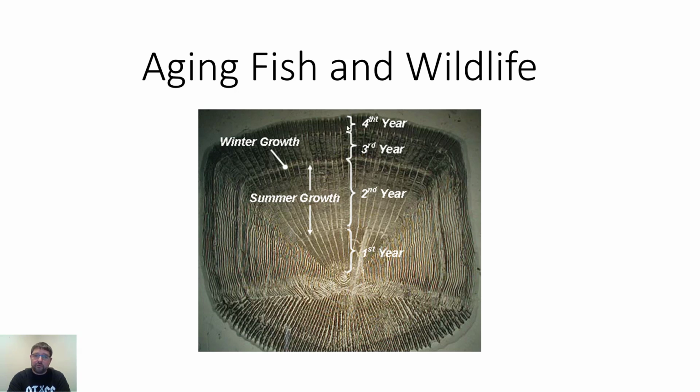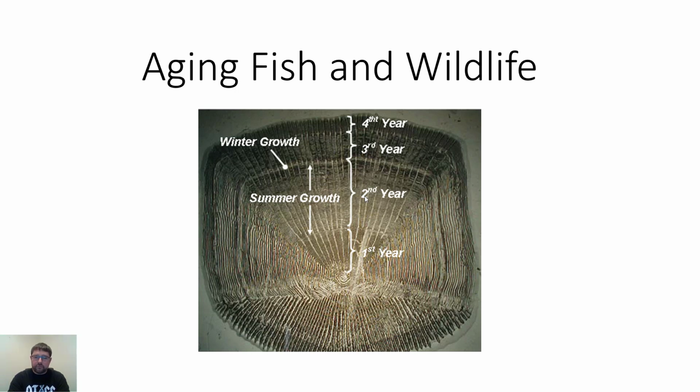Because we know the relationship of the scale to the size of the organism, we can back calculate and find out what the organism's size was when they were 2 years old or 3 years old, etc. We'll look at 2 different methods: one's called the Fraser-Lee method, and one's called the von Bertalanffy method.